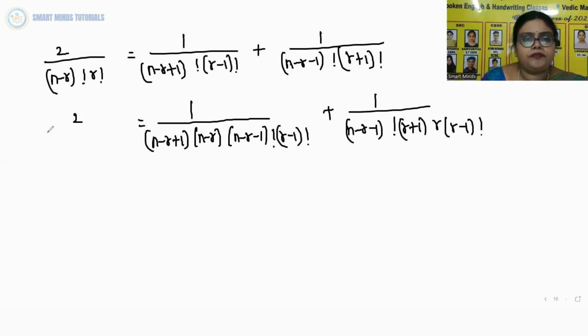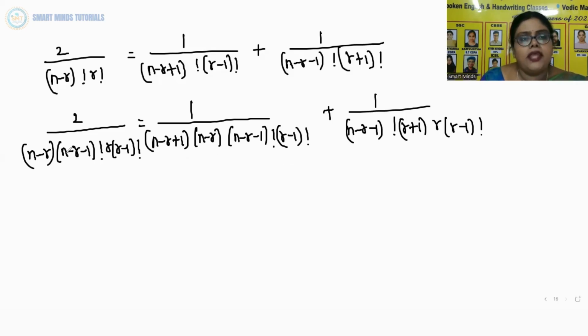And here n minus r I have to reduce until I get n minus r minus 1. So this is (n minus r) into (n minus r minus 1) factorial. And r I will reduce until I get (r minus 1) factorial. So r into (r minus 1) factorial. So from all the denominators, we can cancel (n minus r minus 1) factorial from all the terms.